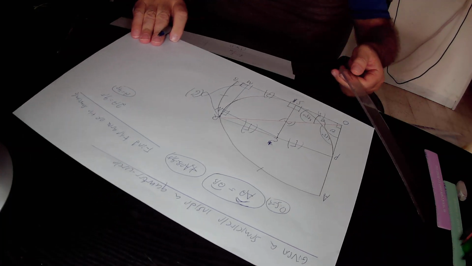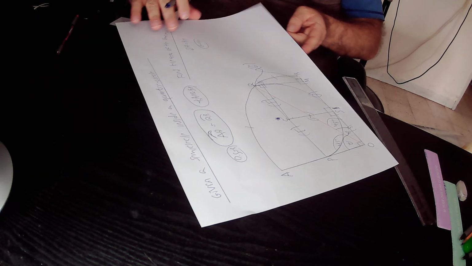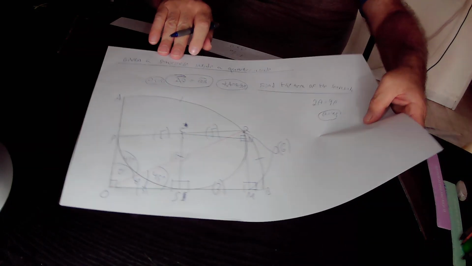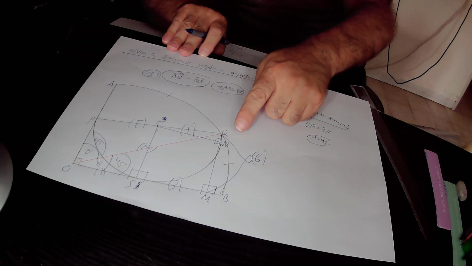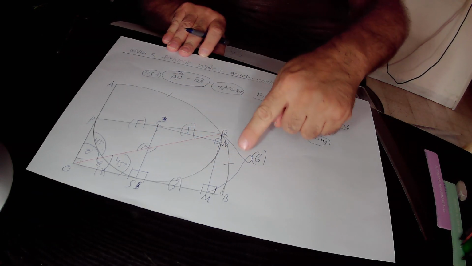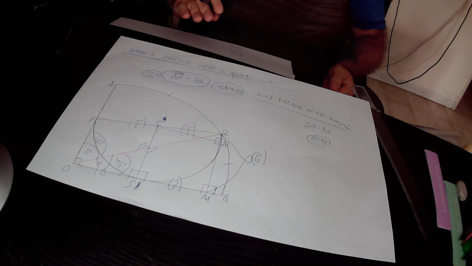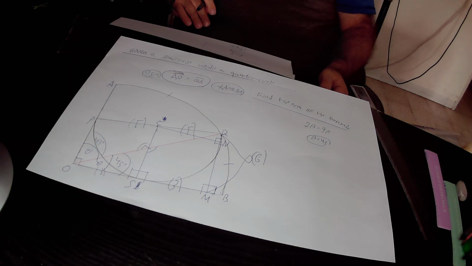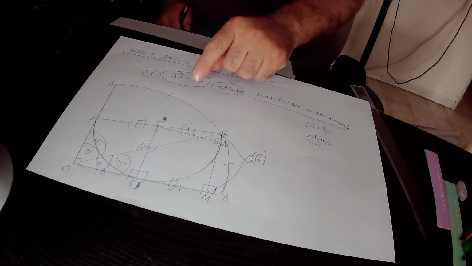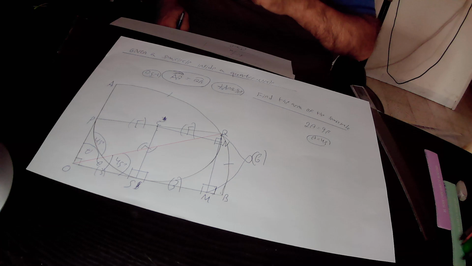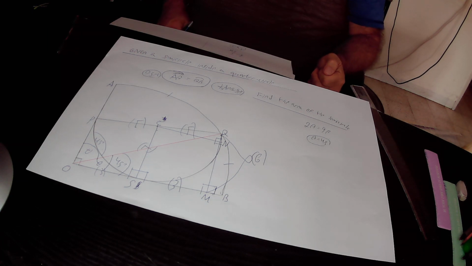When doing this construction, we have quadrilateral CNMS. Inside this quadrilateral CNMS, we have 1, 2, 3 right angles. The sum of 3 right angles is 270 degrees, so 270 degrees plus the size of this fourth angle, in total, must be equal to 360 degrees, according to the rule that the sum of the angles in any quadrilateral is equal to 360 degrees.